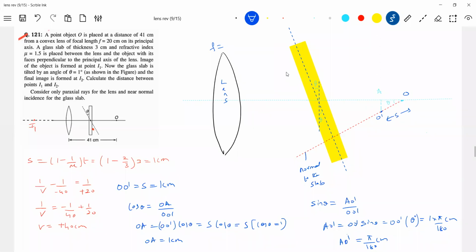Now, what is the focal length of the lens? It's 20 centimeter. PO, at what distance? It was 41. Now, how much will it appear? PA will be 40 centimeter.